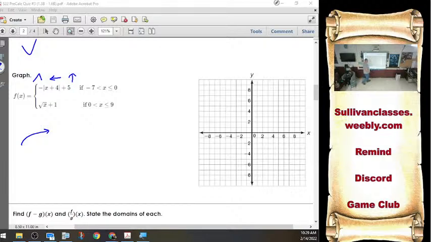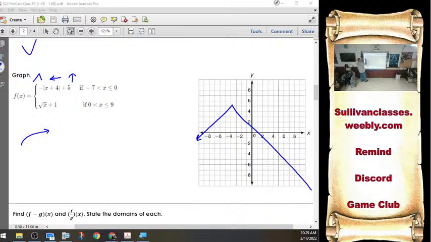So I'm going to have 1, 2, 3, 4, 1, 2, 3, 4, 5. Okay. Please use points and a straight edge so it doesn't look trash like this.